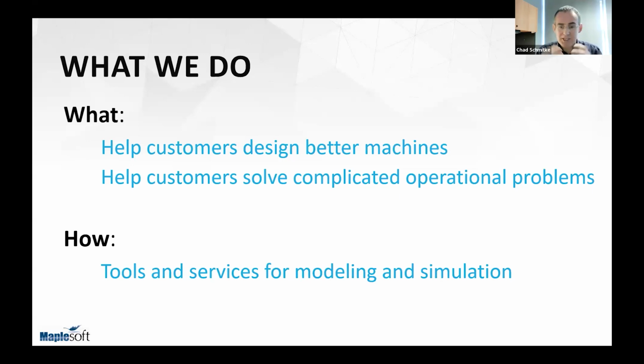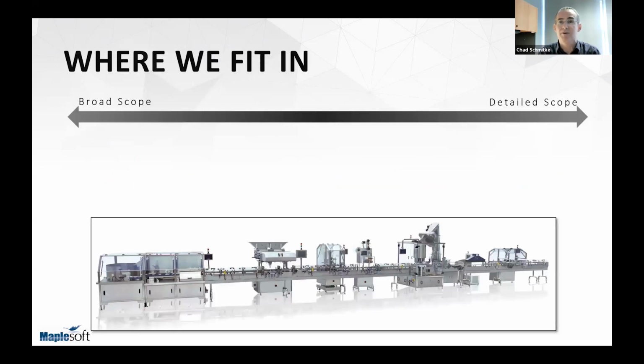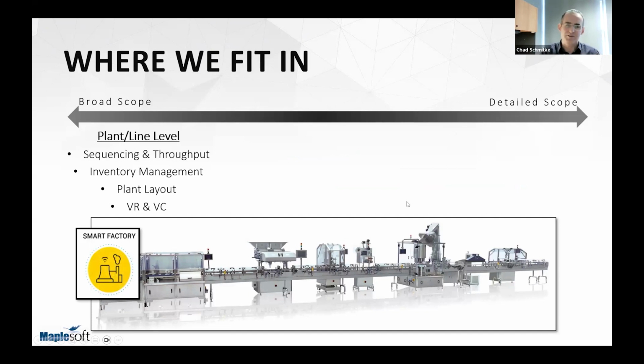Now, simulation can mean a lot of different things. So let's pause briefly to talk about what I mean by simulation, and in the context of MapleSim, where it fits in. Imagine a line that represents scope, from a detailed part on the left all the way to a whole factory at the broad end. At the broad scope, you get the smart factory stuff.